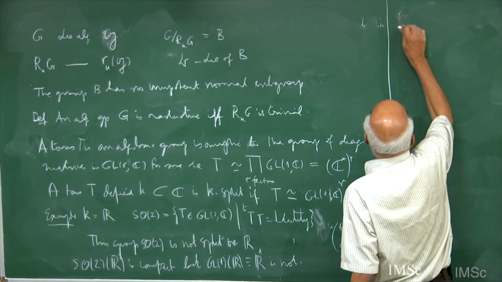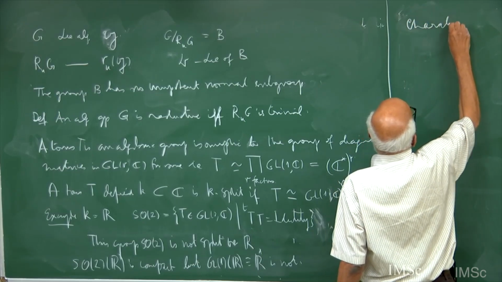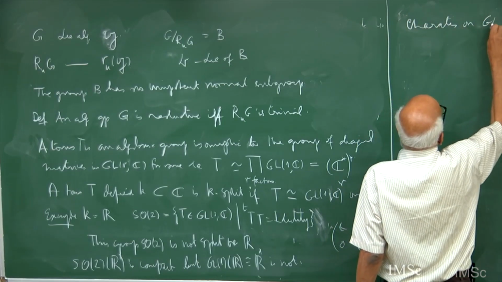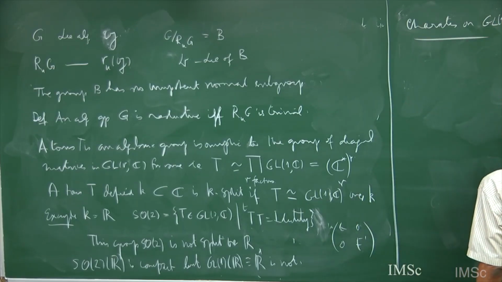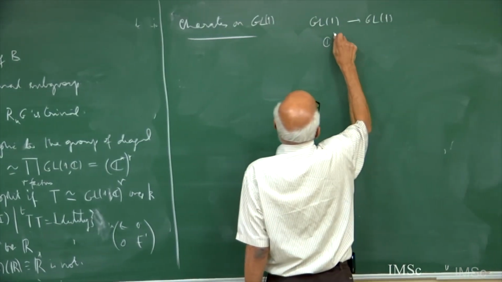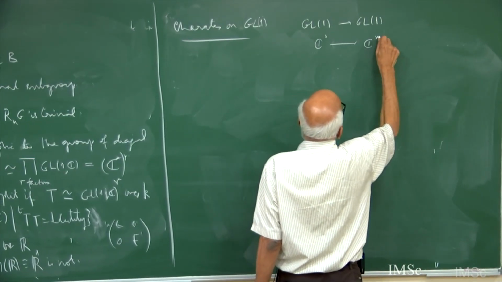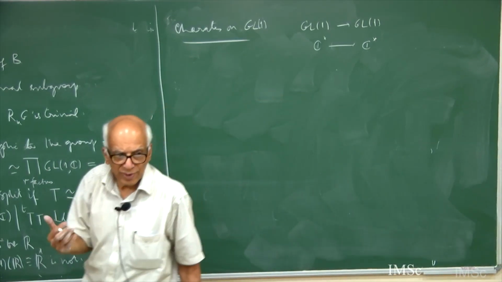What are the characters on GL1? That is, I am looking for algebraic group morphisms from GL1 to GL1.